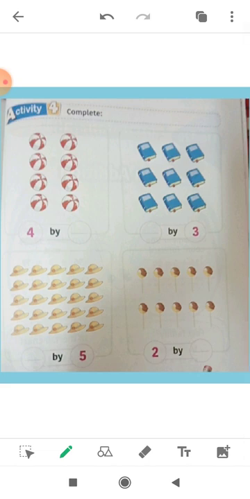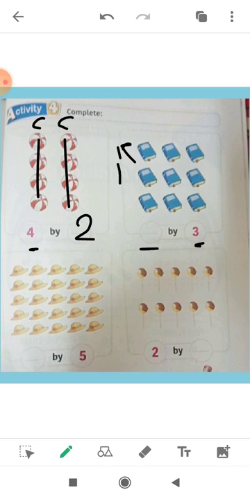the next one, complete. Again, the first number shows the rows and the second number shows the columns. This time he wants how many columns. Let's see: how many columns? 1, 2, so it's 2. Here I have the columns, so I need the rows. How many rows? 1, 2, 3. This array is 3 by 3.